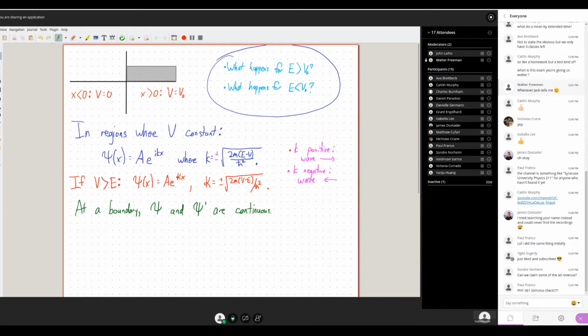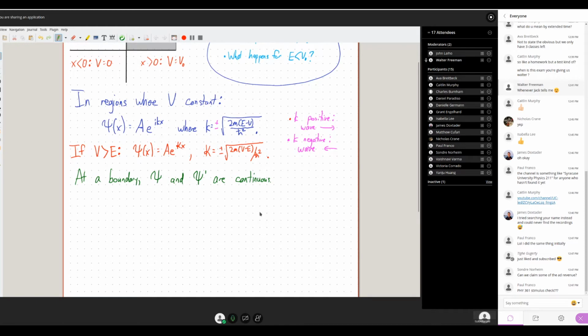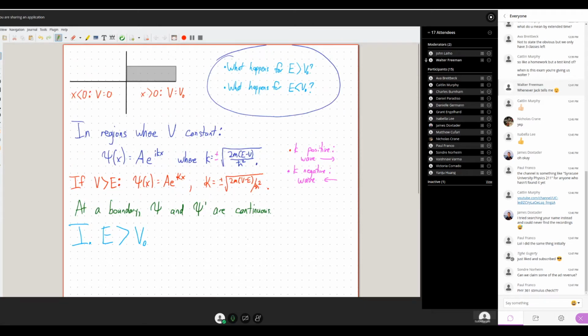So what I'd like to do now is take these ideas and analyze this system. The first case we're going to look at is what happens when the energy is bigger than the potential step. Here we've got two regions, we'll call them regions 1 and 2.